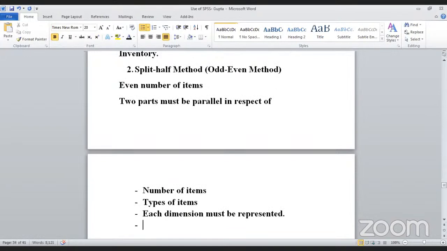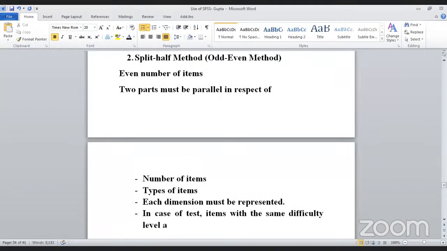Now, if it is a test, then you should have in both the parts the items with the same difficulty level and same discrimination index.